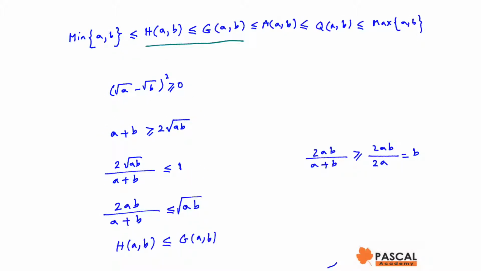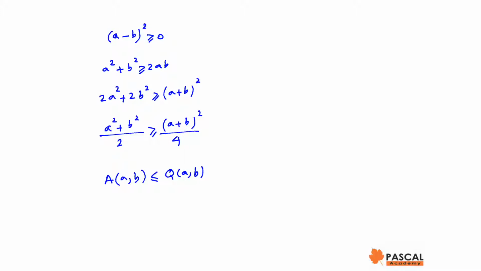Let's prove the arithmetic mean of A and B is smaller or equal than the quadratic mean of them. A minus B to the power of 2 is greater or equal than 0. A squared plus B squared is greater or equal than 2AB. It's also the arithmetic geometric mean of A squared and B squared.